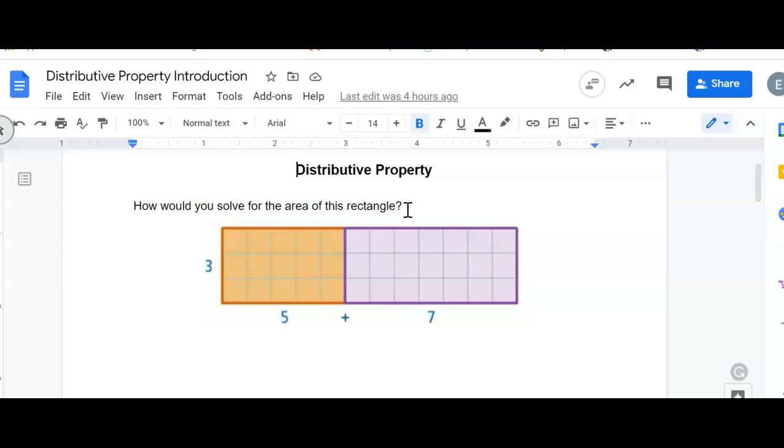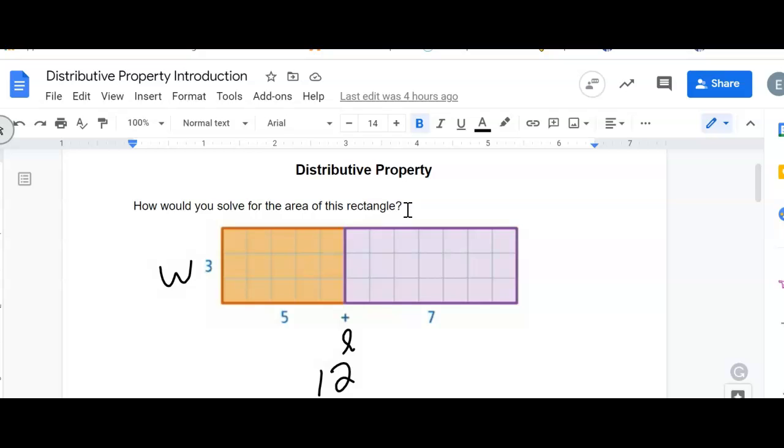Good. So what would this be called here? The length. And this would be called the width. So how you find the area of a rectangle is length times width. Like Emilion said, we would add 5 plus 7 to get the length, which is 12.